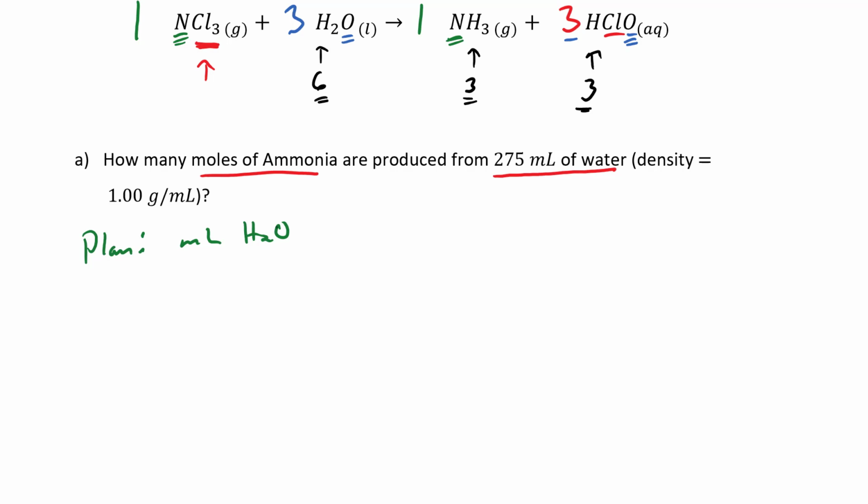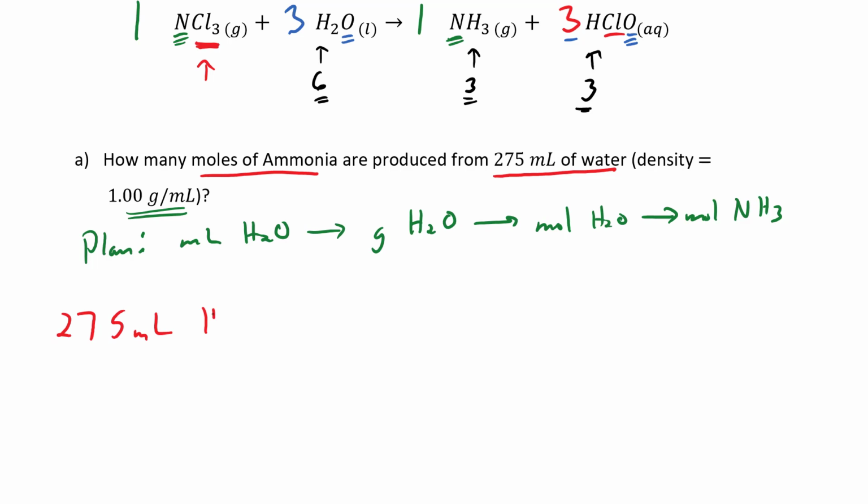In the laboratory, this would be pure water. Because it's pure water, I can go from milliliters of water to grams of water. 1 mL of water is 1 gram. That's the density. I can then go from grams of water to moles of water, and then go to moles of ammonia. Simple as that. Let's do that now.